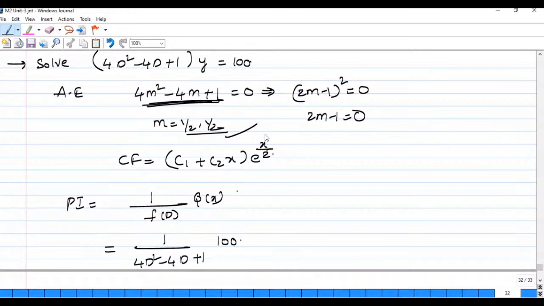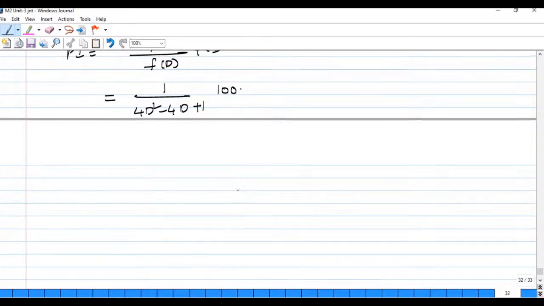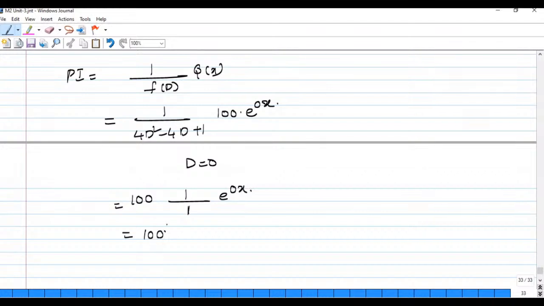How can we solve this, you tell me? a is equal to 0. We can write 100 as 100 into e power 0x. Now put d equal to 0. So 100 into, if you put d equal to 0, it is 1. Therefore, it is equal to 100.